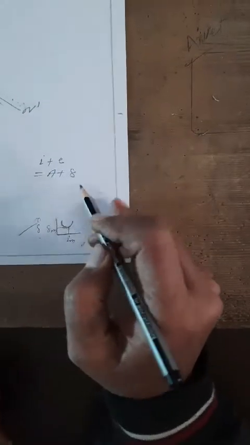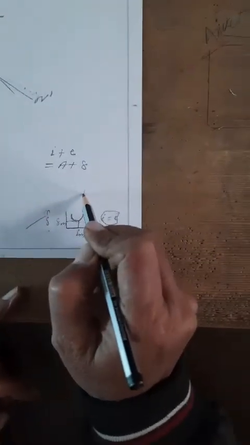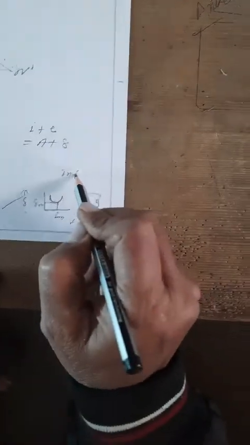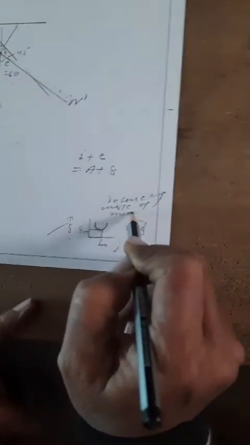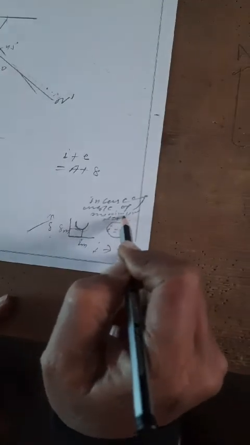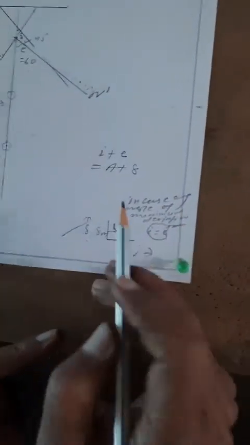So in case of angle of minimum deviation, I will be equal to E. So only in one case, but generally I is not equal to E here.